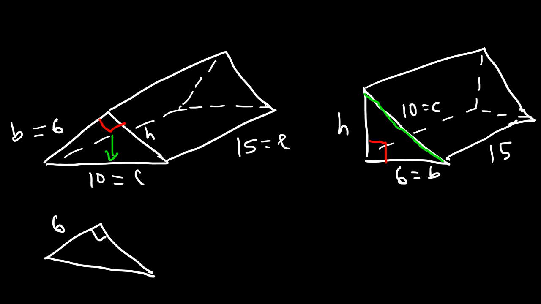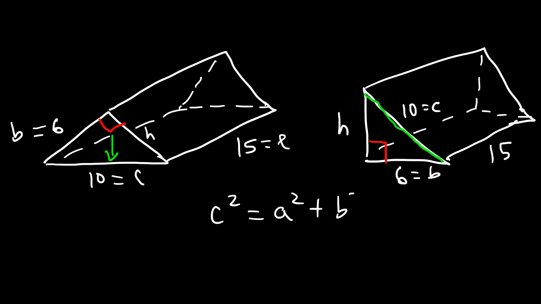Now let's go ahead and find the surface area. So we got to find H first. c squared is equal to a squared plus b squared. So we have c. C is 10. B is 6. And we're going to say a is the same as h. So let's replace a squared with h squared.